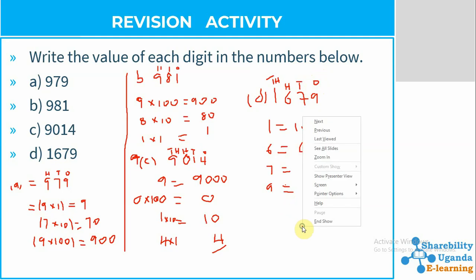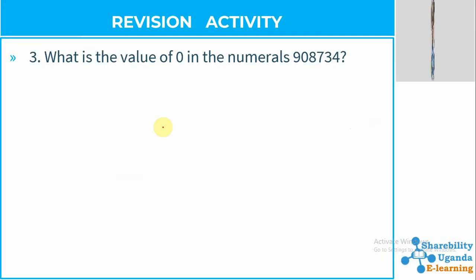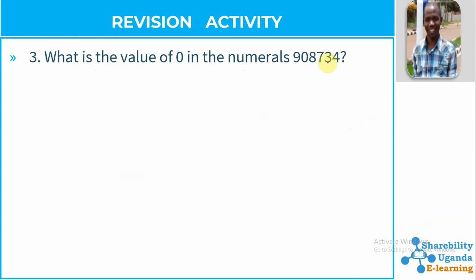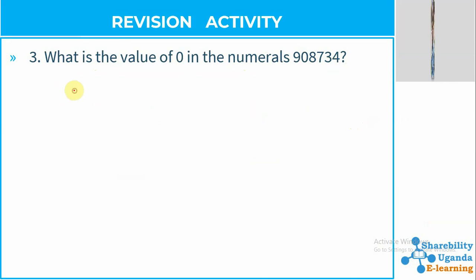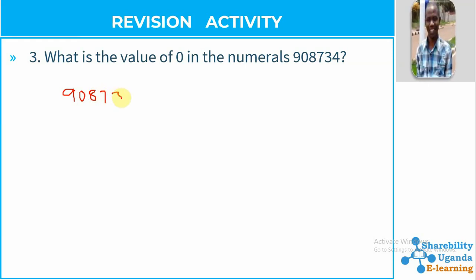All right, so let's look at another example which has been given here. They are saying, what is the value of 0 in the numeral given, that is 9087334. So let's write it here. The numeral given is 9, 0, 8, 7, 3, and a 4 here.